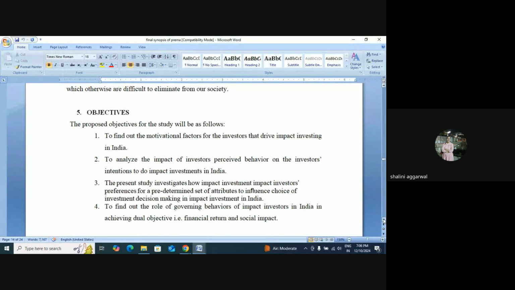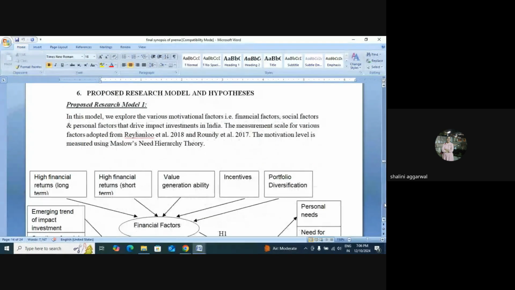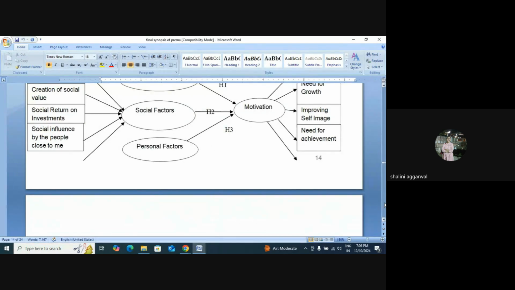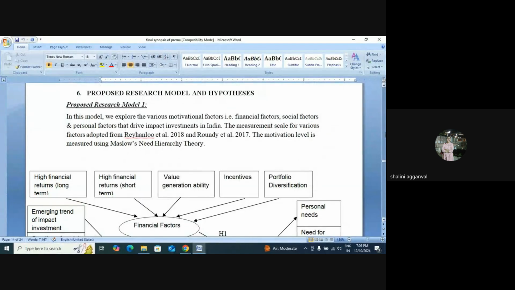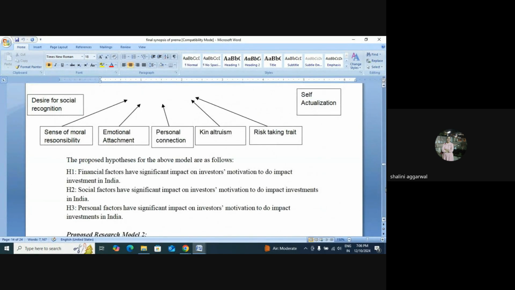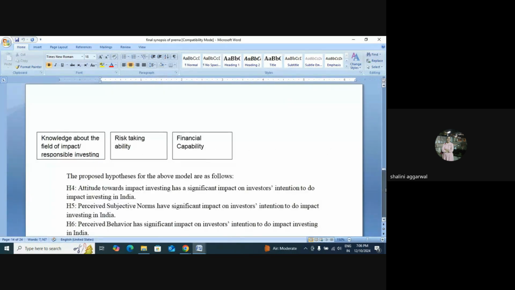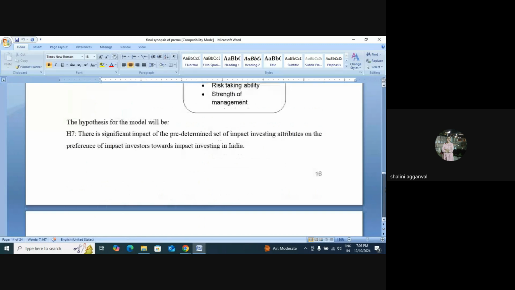So we go with the objectives. We start looking at our objectives. There are 4 objectives, and we can see from here, this is the model for our first objective, this is the model for our second objective, this is the third model, and this is the fourth model.